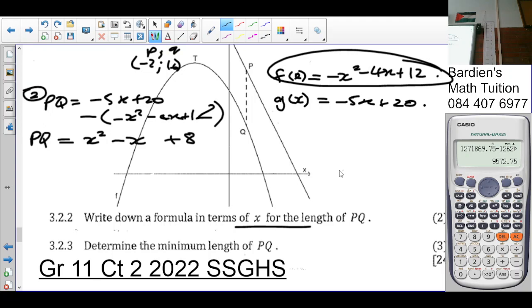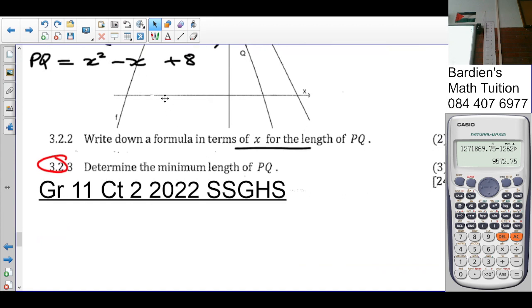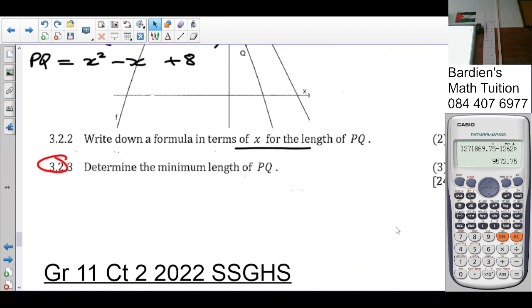So that's that. Okay. Here in question 3 it says determine the minimum value of PQ. So the minimum value, of course, you're going to complete the square on that expression there. Otherwise you could have worked out the turning point as well. But completing the square is going to be a better bet here.